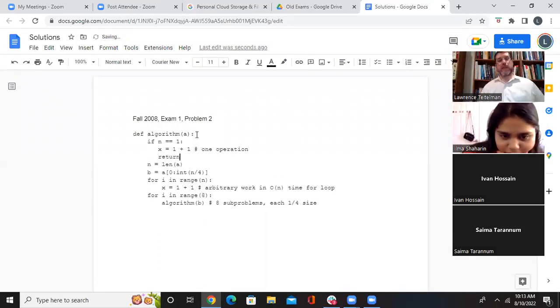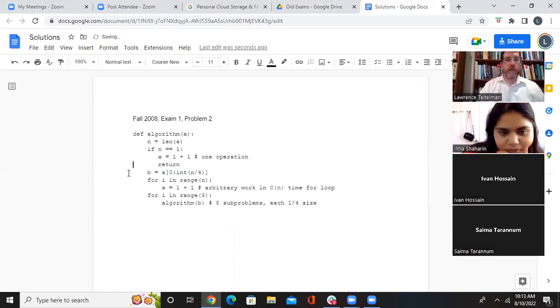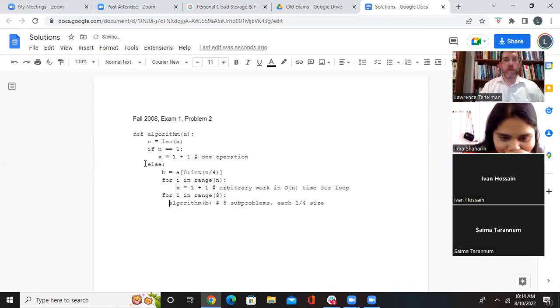Okay, so there are obviously a lot of ways to do this. We don't even need to return there. We could say else, and get rid of the return here. Okay, any questions on that?